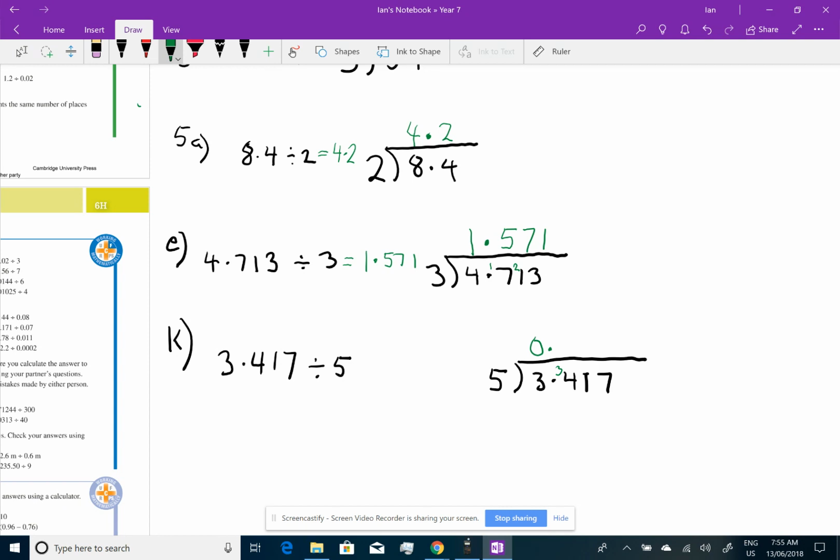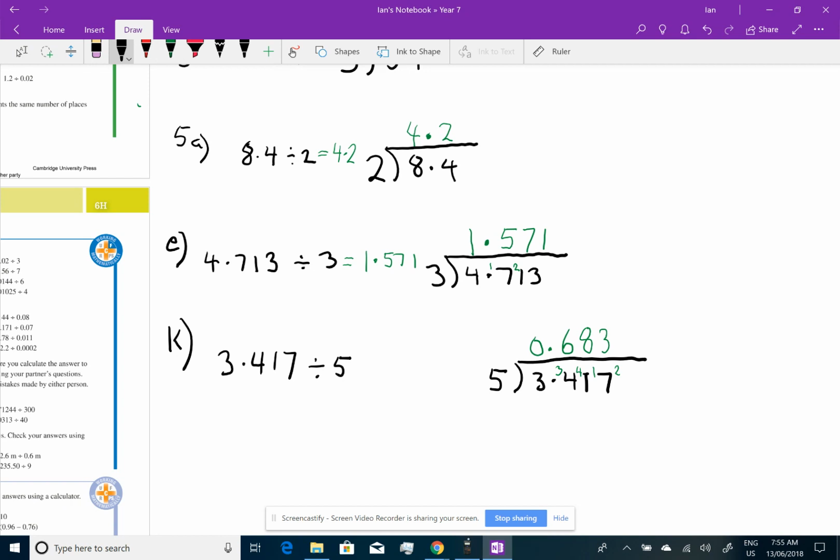5 goes into 34. Well, 5 6s are 30, so 6 times with 4 left over. 5 into 41, because this is 41, place value, remember. Well, that's 8 times with 1 left over. 5 goes into 17. Well, 5 goes into that 3 times with 2 left over. 3 5s are 15.